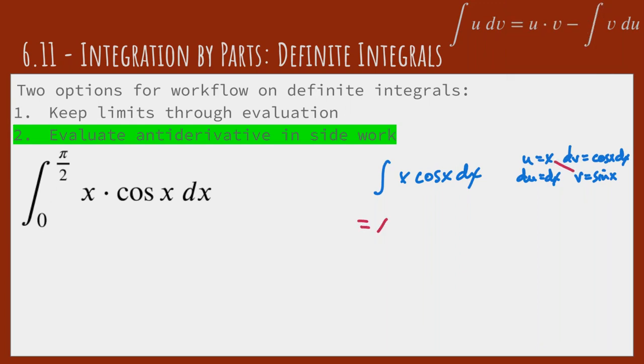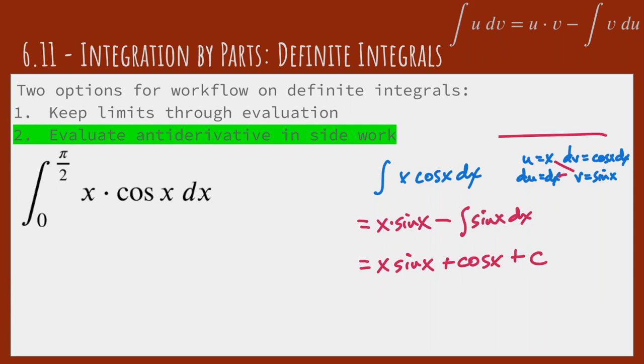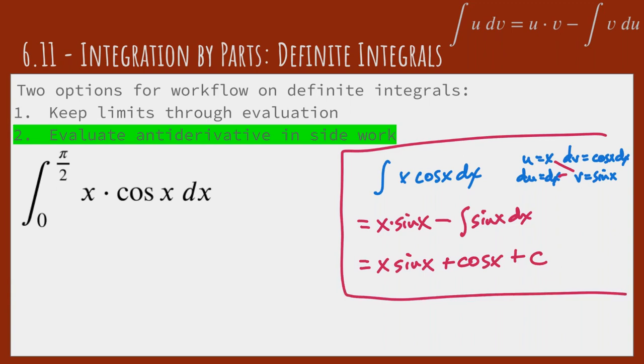So u times v is x times sine of x minus v du. And so that's x sine of x plus cosine of x plus c. Now, if I'm doing this in side work, all of my side work here is an indefinite integral, so I want to make sure that I do that correctly, including the plus c.